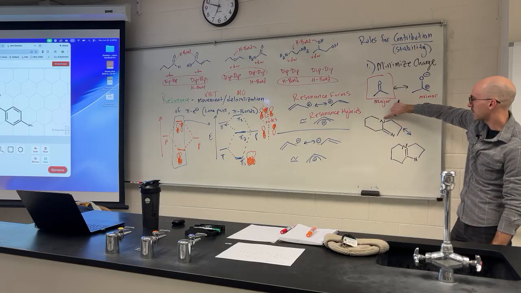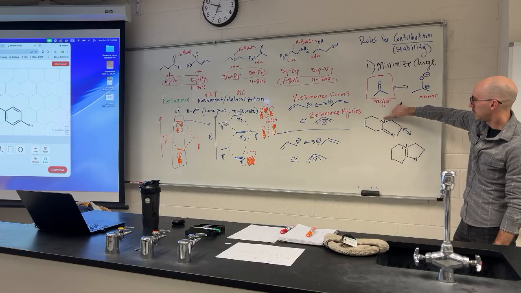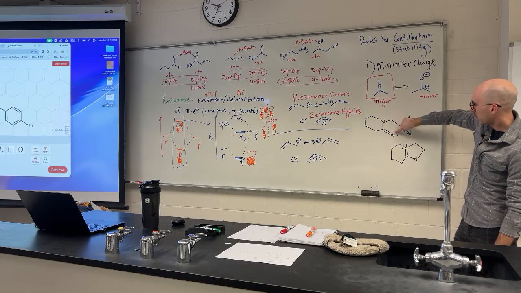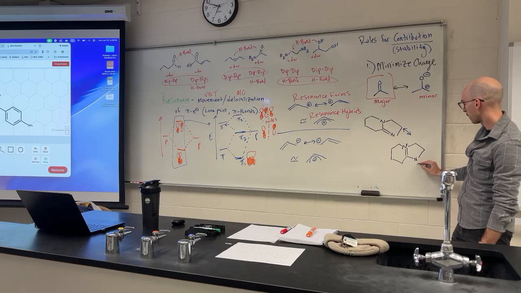Nitrogen at the top takes its lone pair, it shares it to create a double bond with carbon, and the double bond of carbon breaks to the other nitrogen.